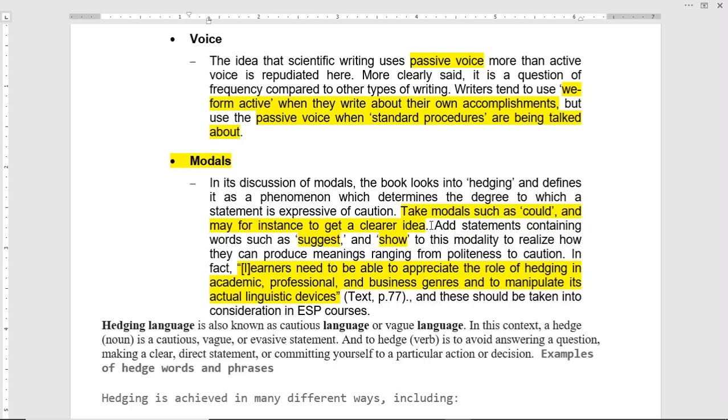Add statements containing words such as suggest and show instead of modals to realize how they can produce meanings ranging from politeness to caution. It is suggested. It shows, for example.